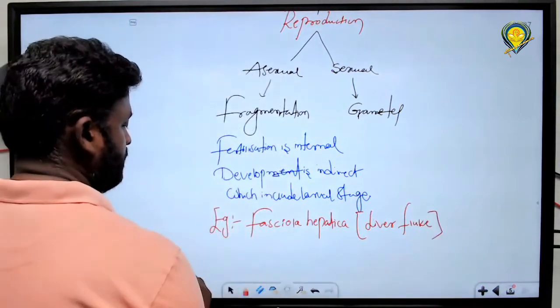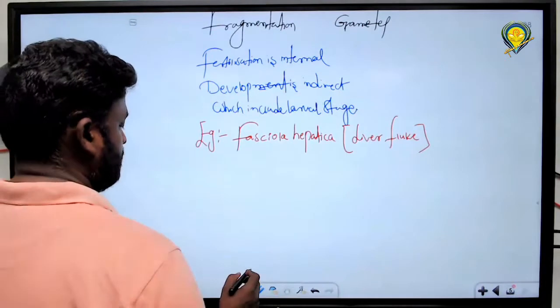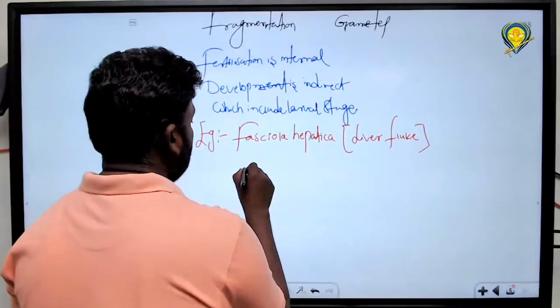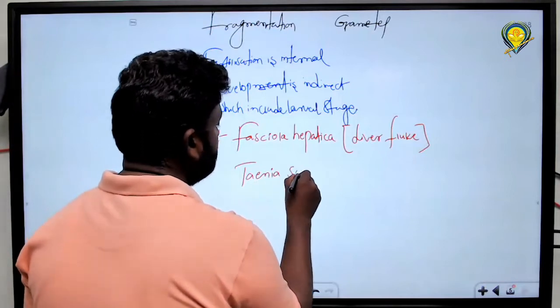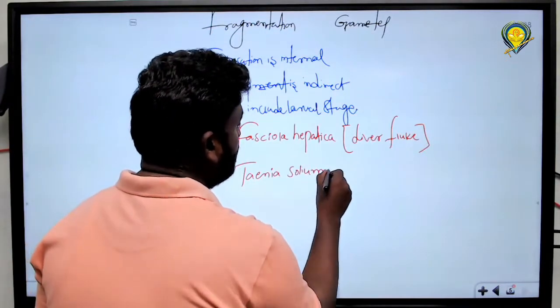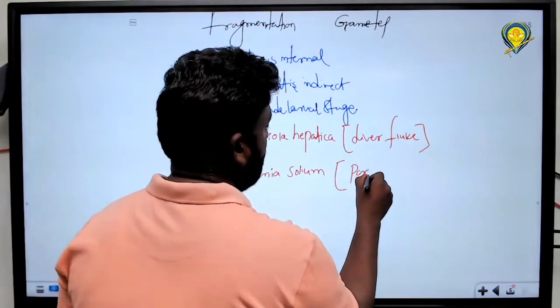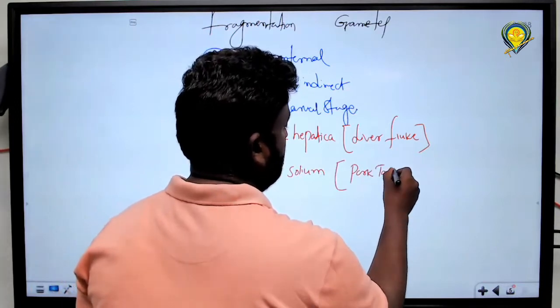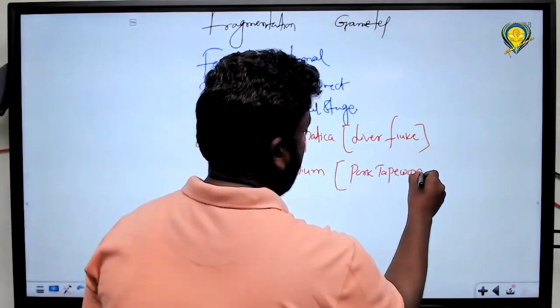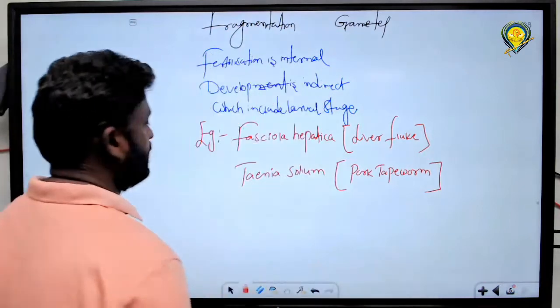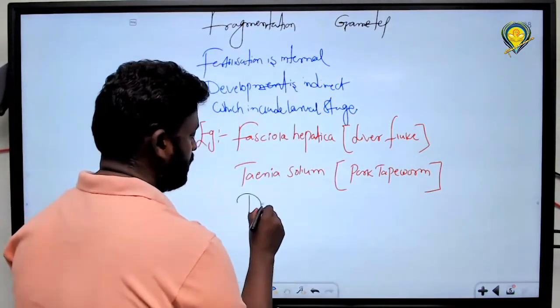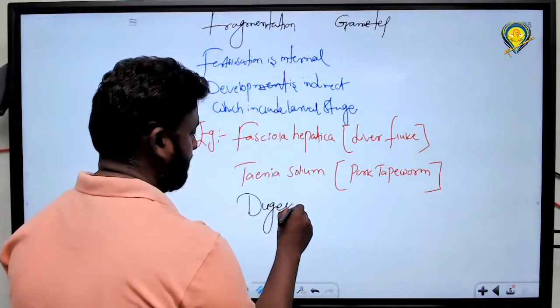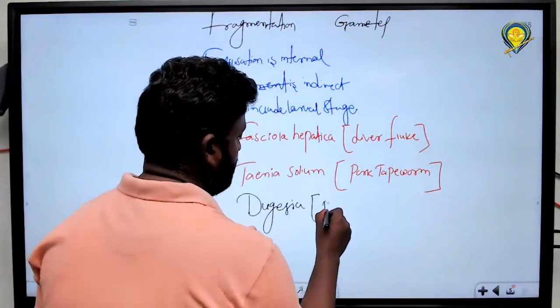Next one, Taenia solium means what? Pork tapeworm or dog tapeworm? Right? And next one, Planaria means what?